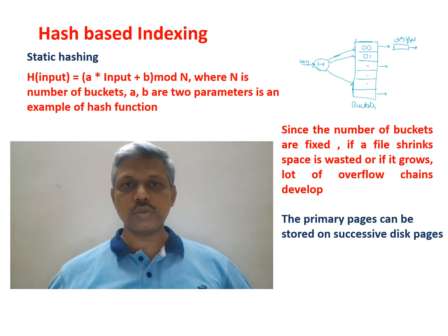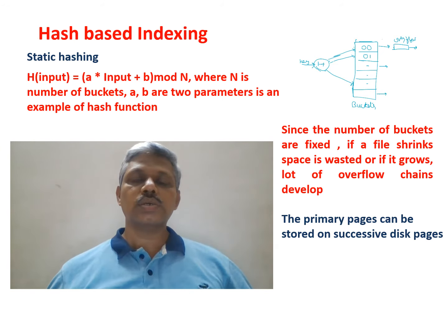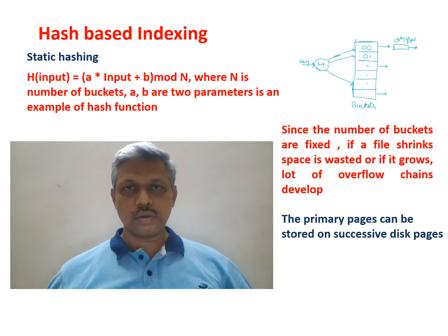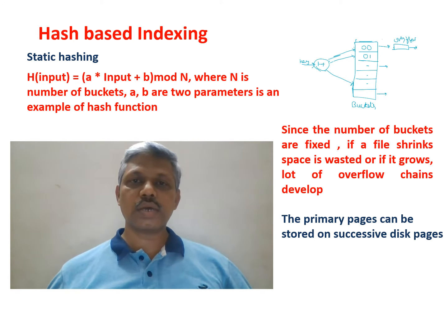We are not storing 00 there, but indexes are stored in that bucket with output 00. Once that bucket is full and there is still one more record with hash value 00, I have to add one more extra page, and it forms a chain, a linked list of extra pages, or overflow chains.